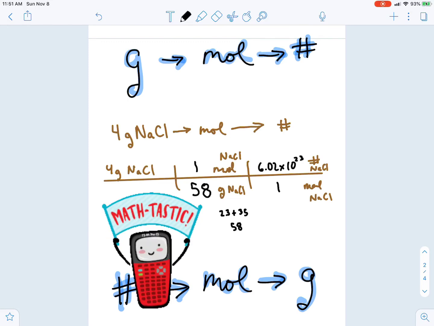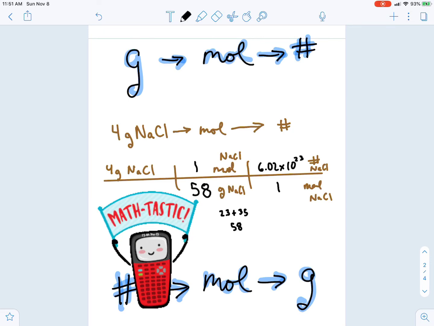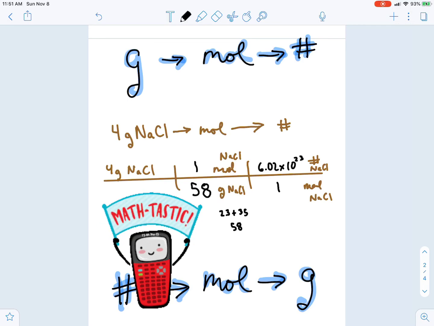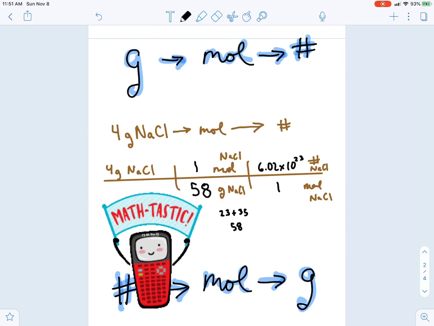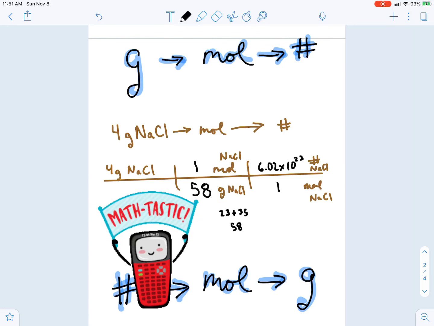Okay, so here's what we're gonna do. In your calculator, you're gonna take 4 divided by 58. You won't need parentheses as long as you do it this way. Times 6.02, second comma, that's our E button, 23 equals.